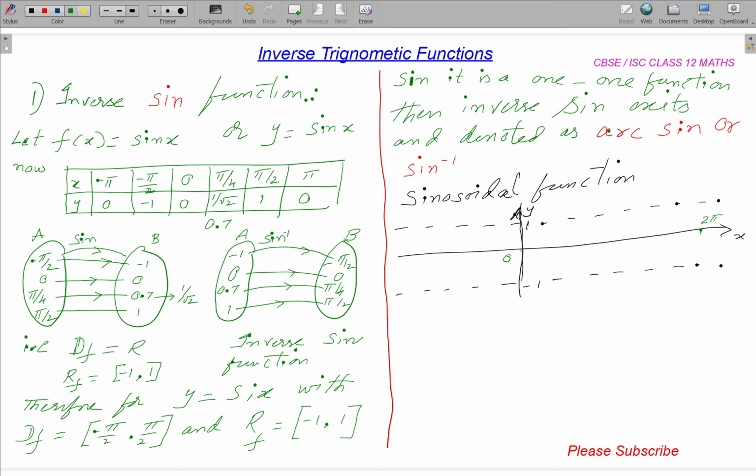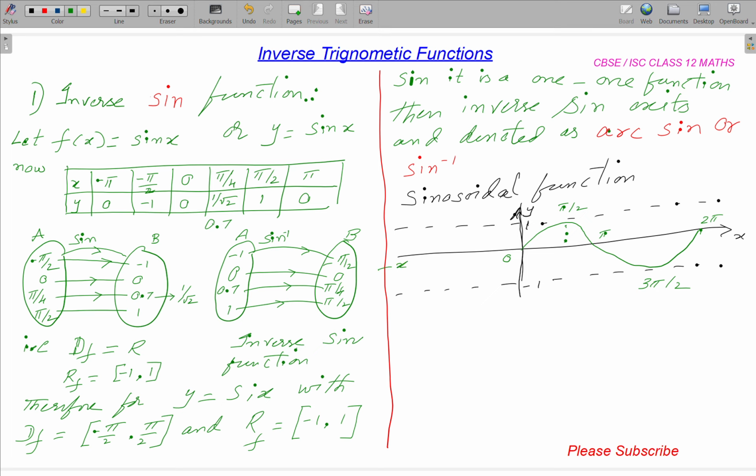So from 0 to 1, for y equal to 0 to 1, the formation of the graph is like this. This is pi by 2. This is pi. This is 3 pi by 2. This is the sinusoidal graph for the positive axis of x.